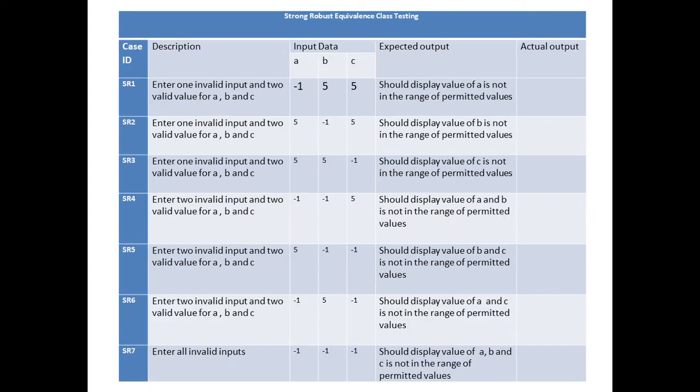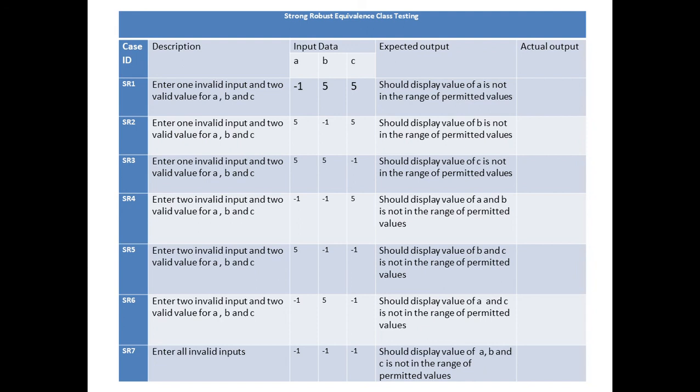Now next come to the strong robust test cases. In the previous case, in the weak robust test cases, we are checking for robustness, but at a time you can give only one invalid value. The other two variables should be valid values. In this strong robust, it is also possible to give more than one invalid value.